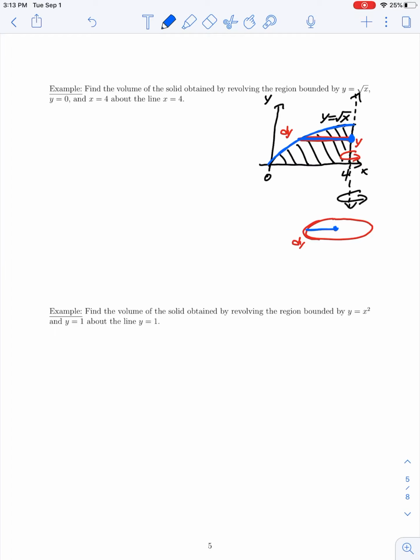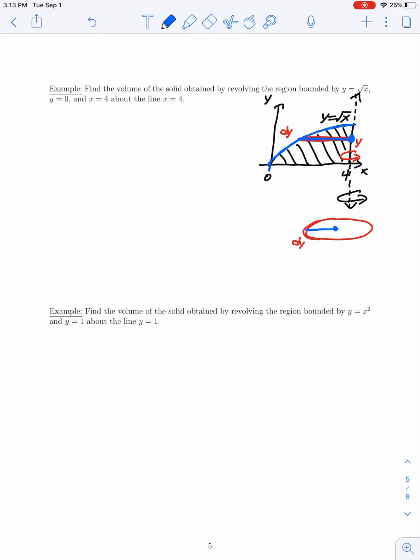So let's think about how to find that distance traveled here. So here we would have our radius r of this disk determined in the following way.